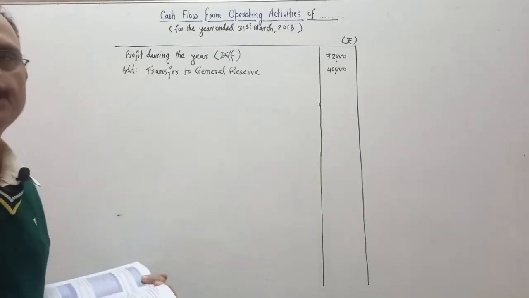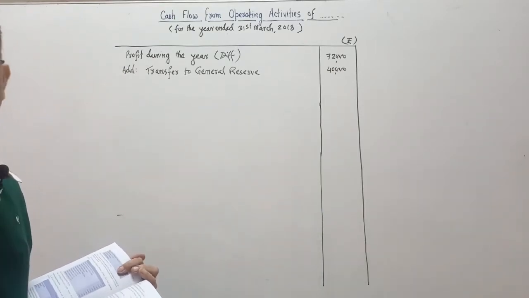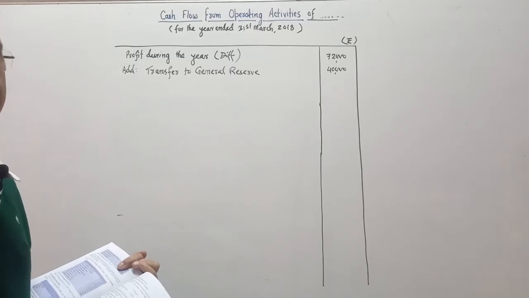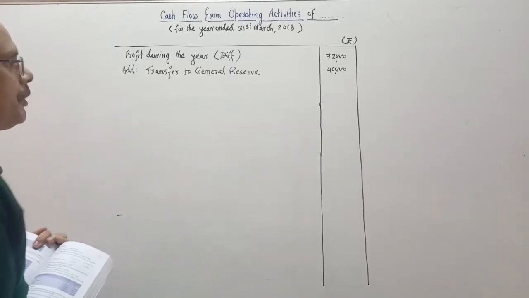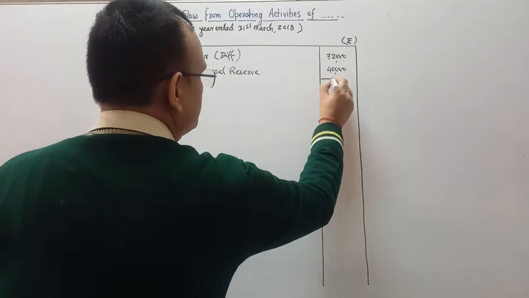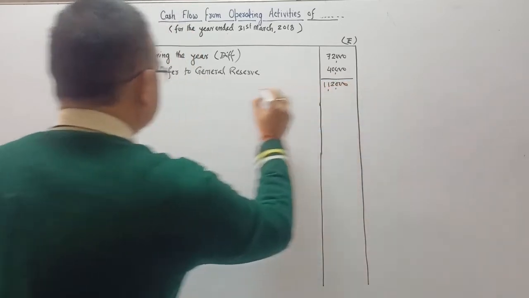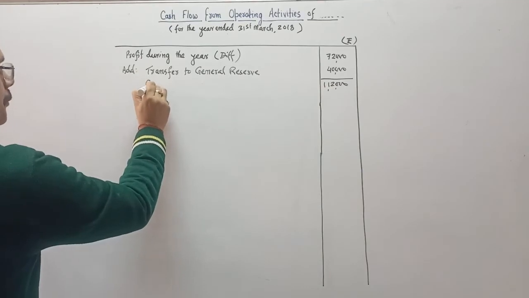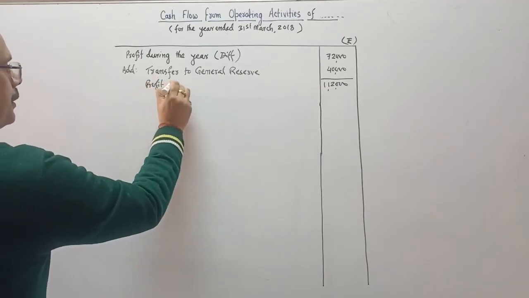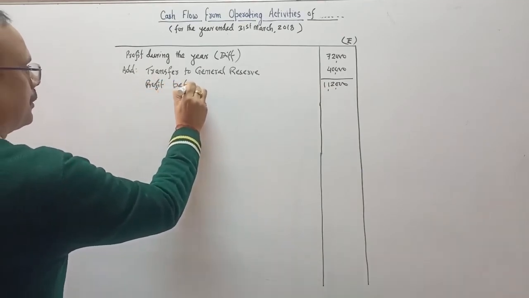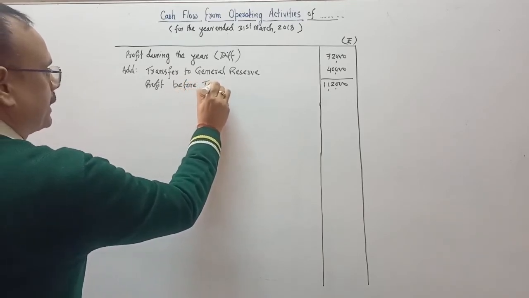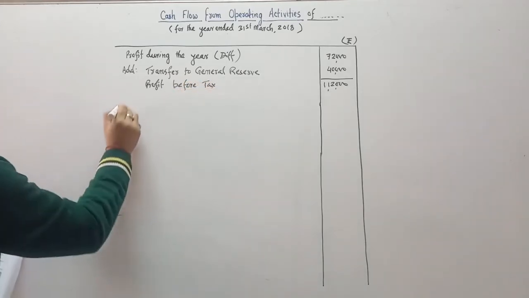There is no other allocation of profit, no proposed dividend or interim dividend. So this will be 1,12,000. This is the net profit before tax.